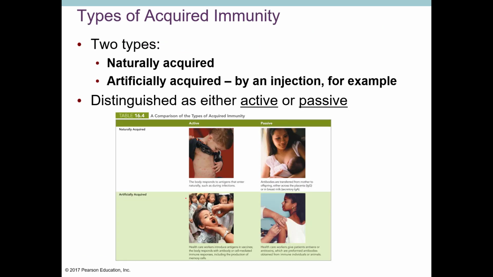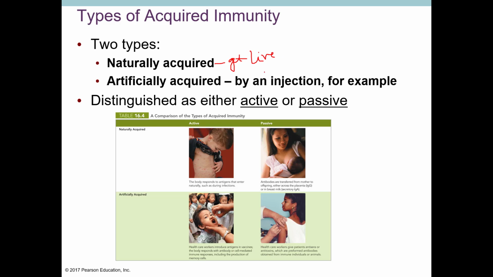The last topic in this chapter is really vocabulary. You get immunity either naturally, that's when you actually get through the disease, you get the actual live virus or the live pathogen, we'll call it live.